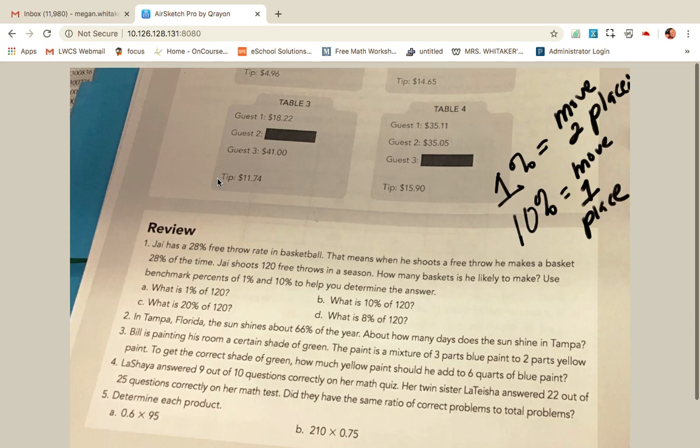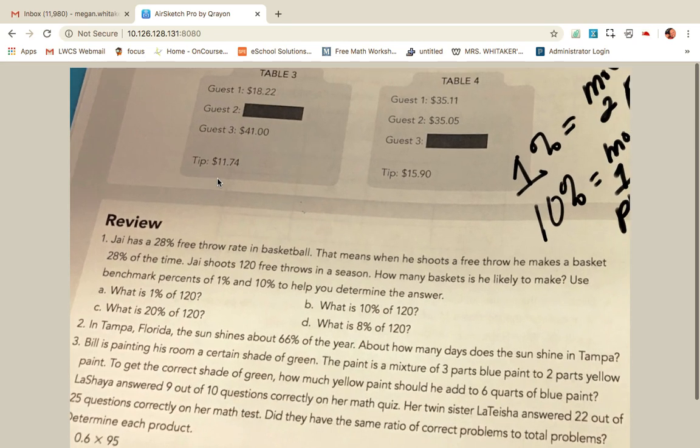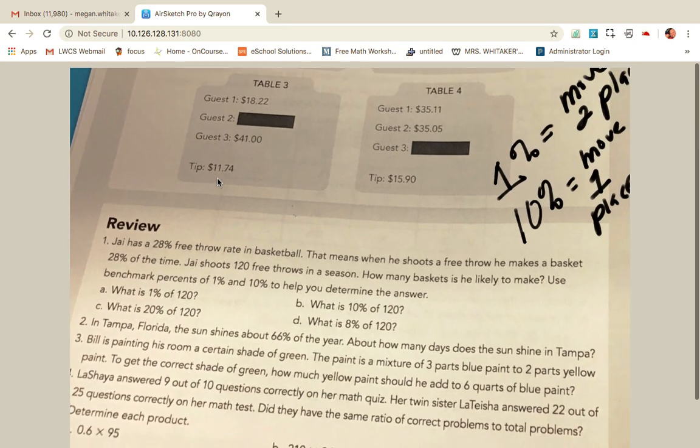So if you have 1% of 120, you're going to move it 2 places. So it's going to go 1, 2. So that would equal 1.20, or 1.2. If you're doing 10%, you're going to move it one place. So it's just going to be 12.